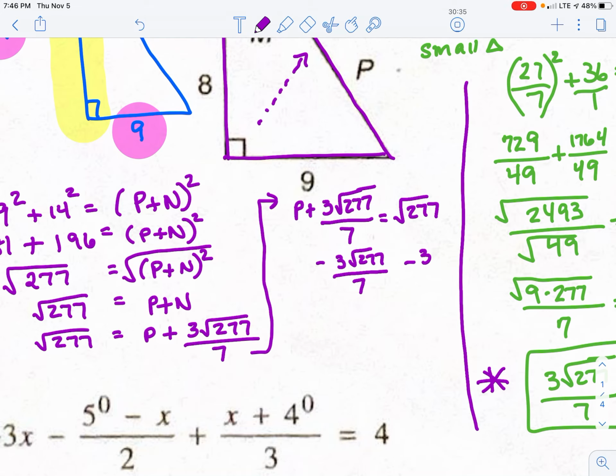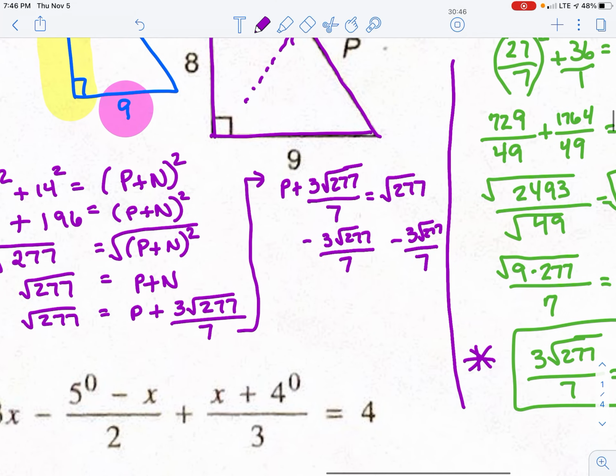I'm going to draw a line here so it doesn't get so busy. Times the square root of 277 over 7. These are going to cross out. I'm going to have p equals, if this was over 1, and I need to make it 7, right?